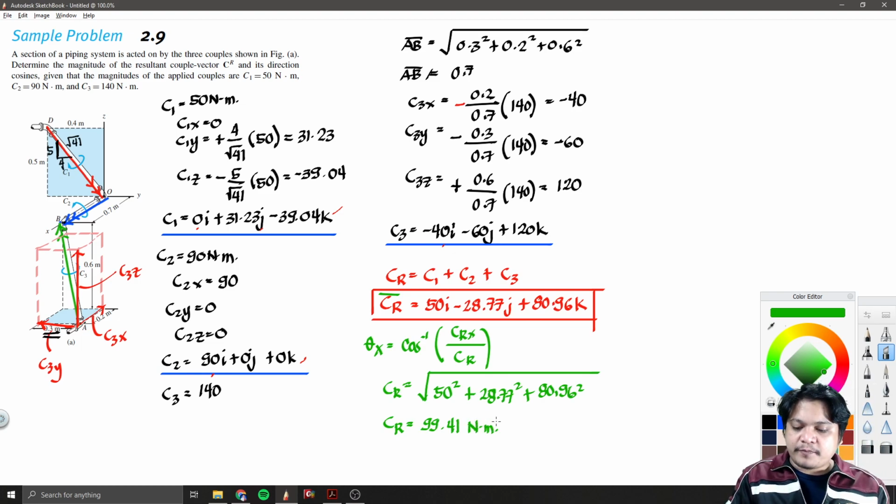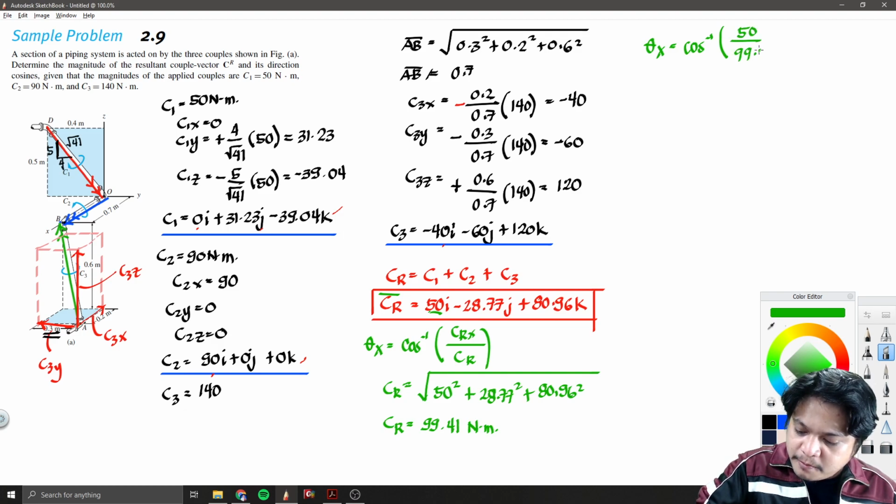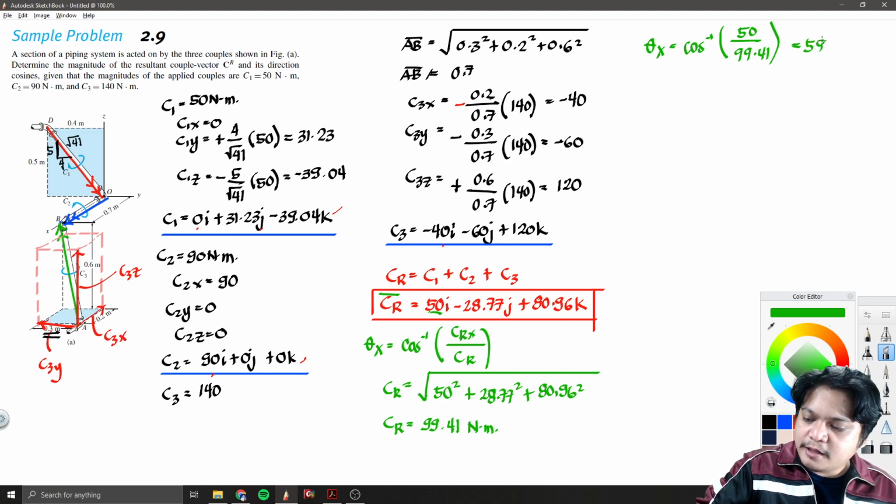Okay? So, kunin natin si theta x. So, that is cosine negative 1, 50 positive all over 99.41. So, that's 59.8 degrees.